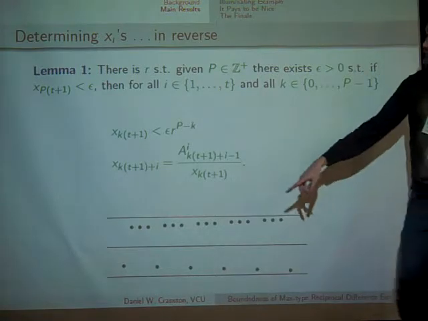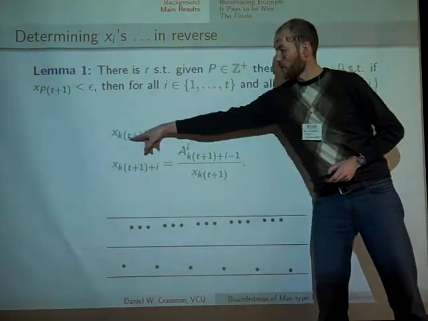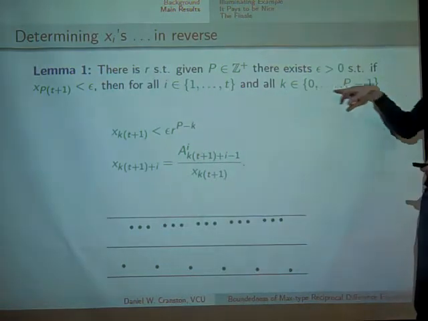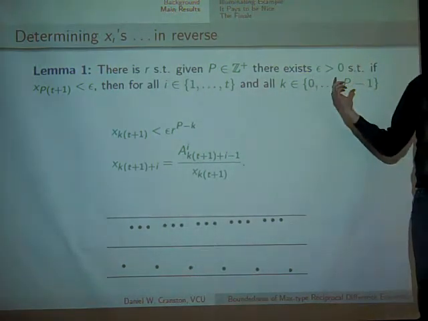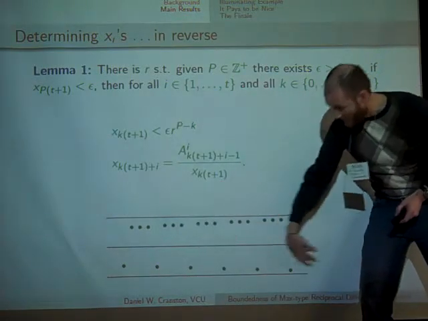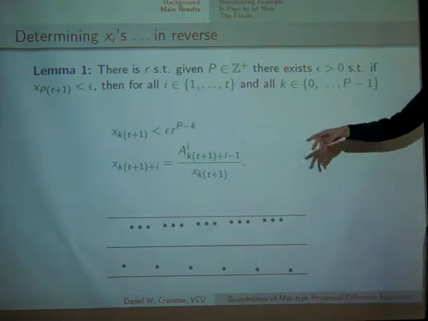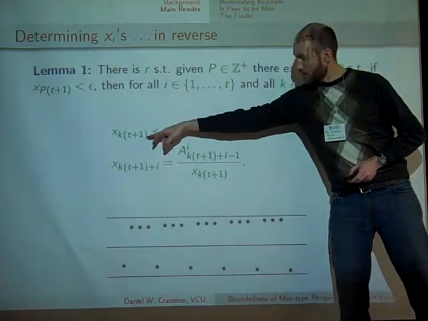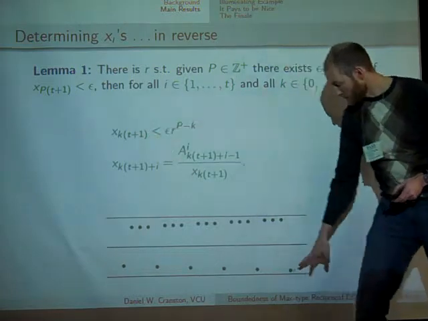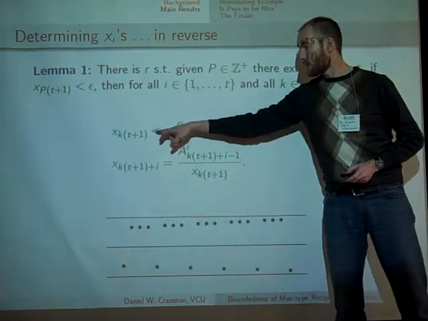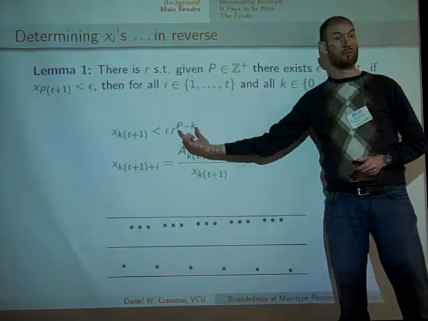What's going on? Here, as k runs through some range, there are p terms in this range. In our case, p is going to be like 5 or something like that. And basically what this is saying is all of these terms where the index is a multiple of t plus 1, which are these guys down here, have to be bounded above by epsilon times some constant.